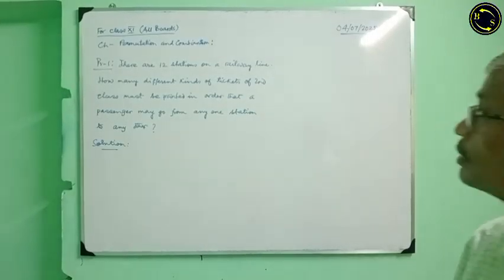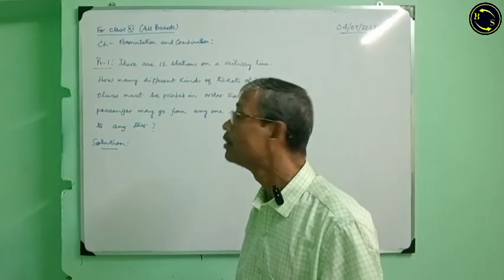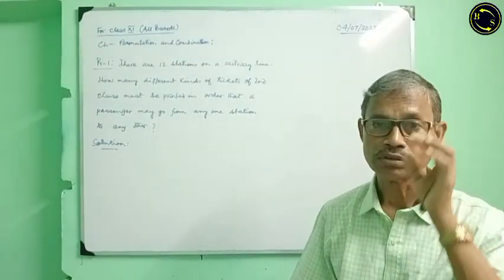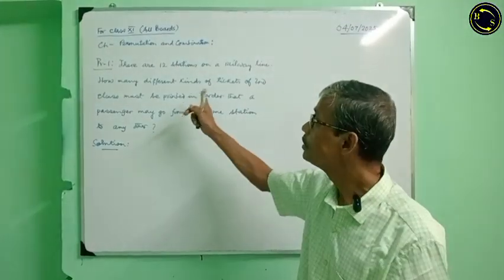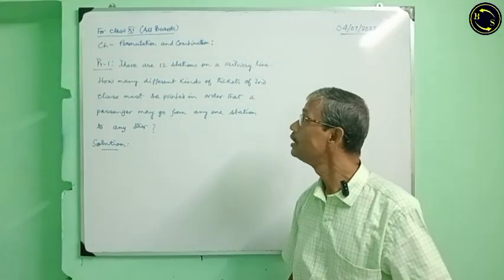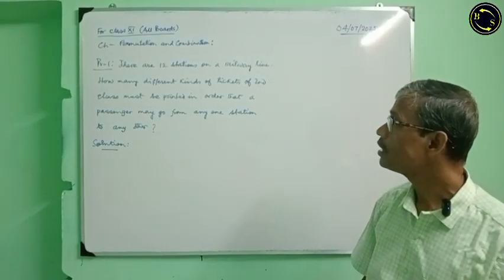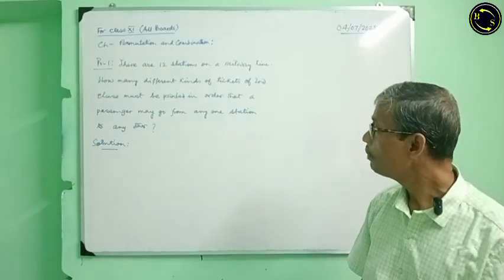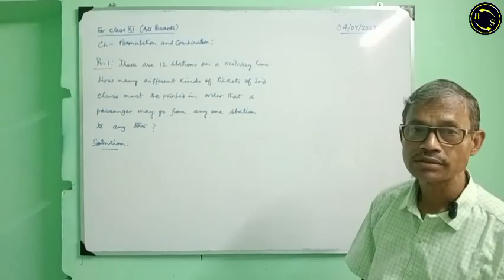Now I shall discuss one sum that is based on the concept of the fundamental principle of counting. First of all, let us read the sum. There are 12 stations on a railway line. How many different kinds of tickets of second class must be printed in order that a passenger may go from any one station to any other?